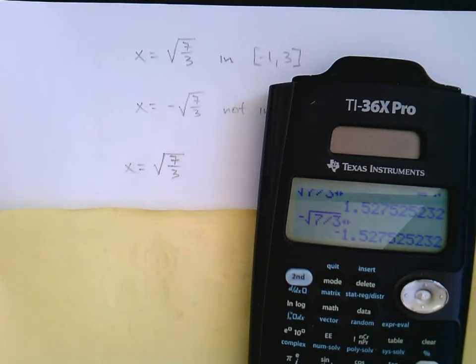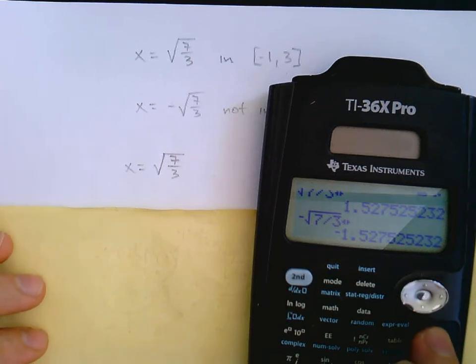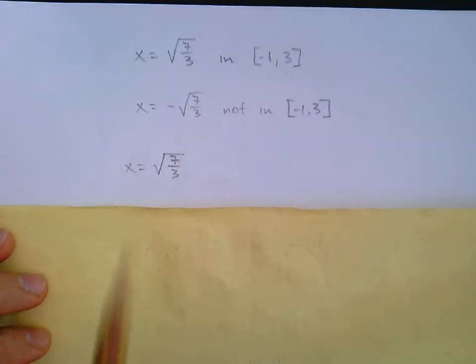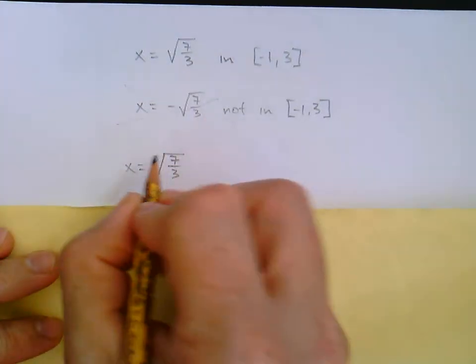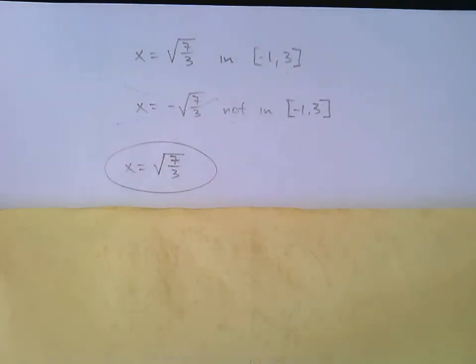We're going to get -1.528, and that's no longer in -1 to 3. So that's not part of our answer. We can't include it if it's not in our domain for x. Okay, so this one was, this one's not. So we say, okay, ignore that. The only answer is here.